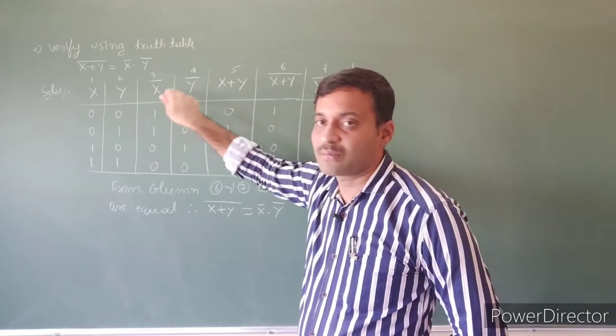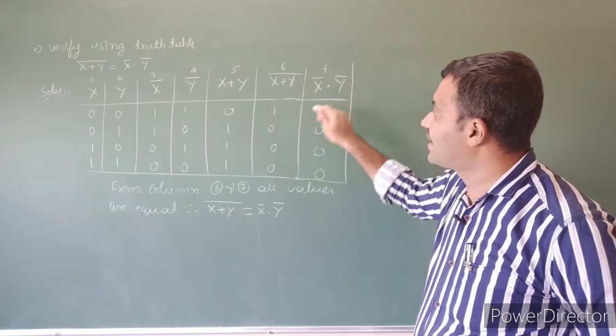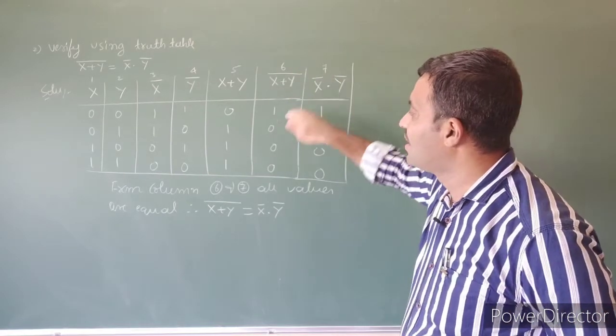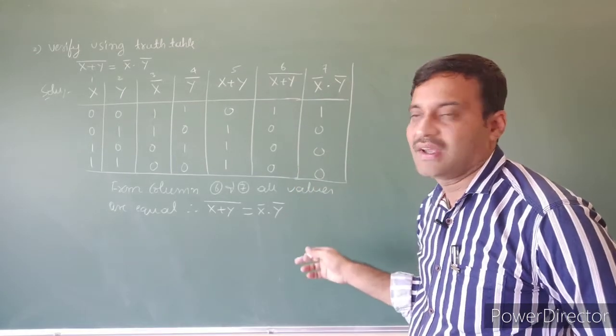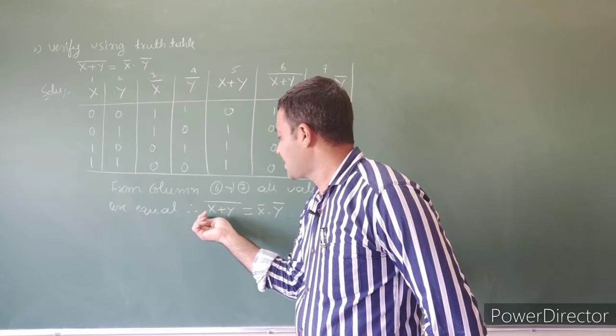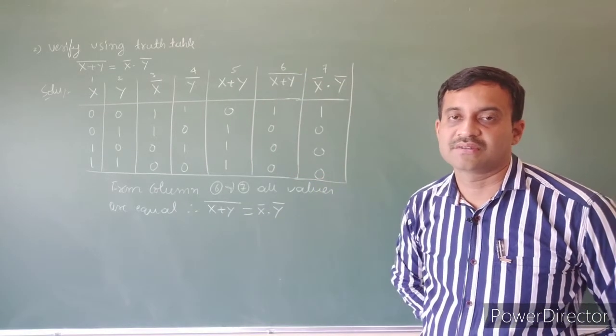Already here we evaluated x bar, y bar using that x bar into y bar. Finally, compare the columns 6 and 7. All values of 6 and 7 are same, equal. Hence, here we prove that (x plus y) whole bar is equal to x bar into y bar.